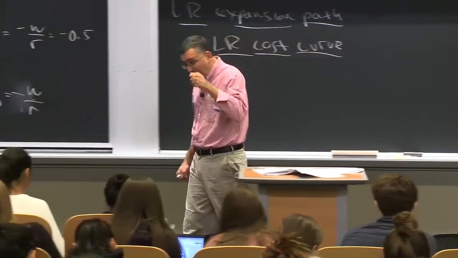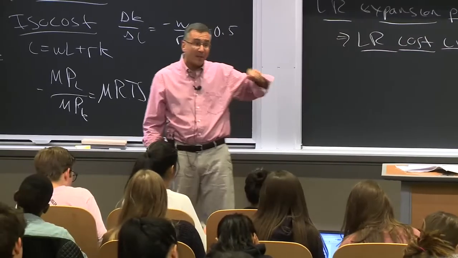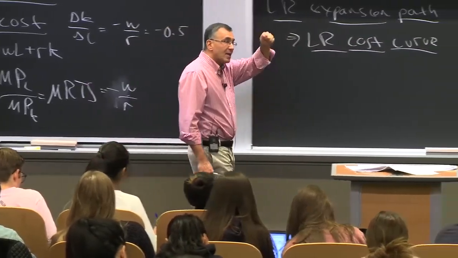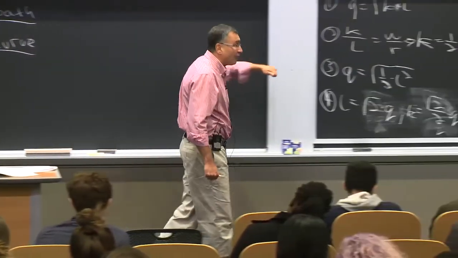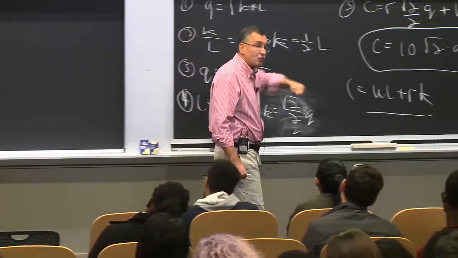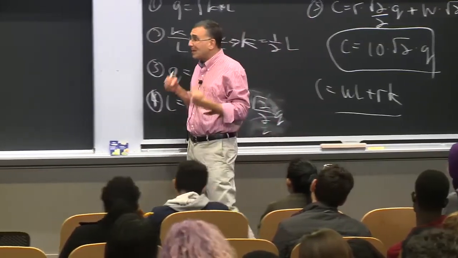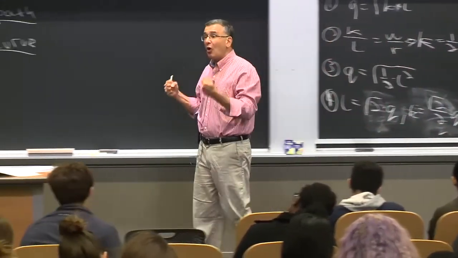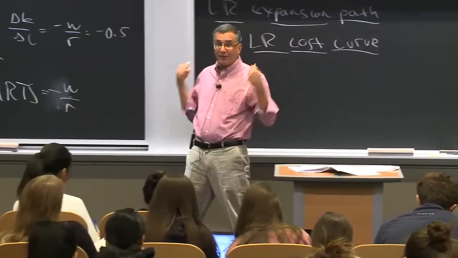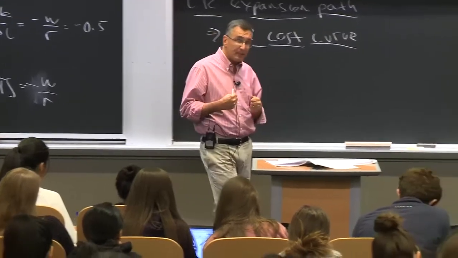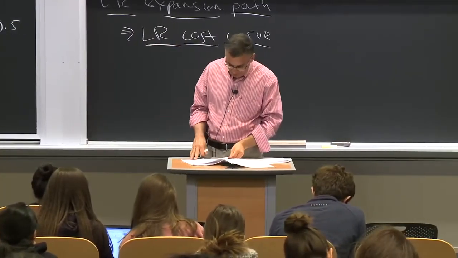For every level of production, it tells you the optimal combination of L and K. Given the price of L and K, that will tell you the costs. And so you trace out the costs with every level of production. This is your cost curve. This long-run expansion path tells you what the costs are for every level of production, because you're doing the efficient level of production. That's what the long-run expansion path is telling you.